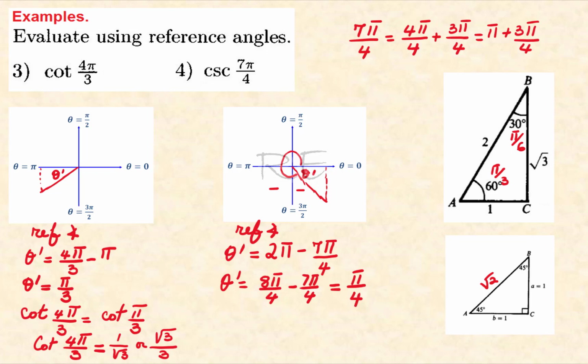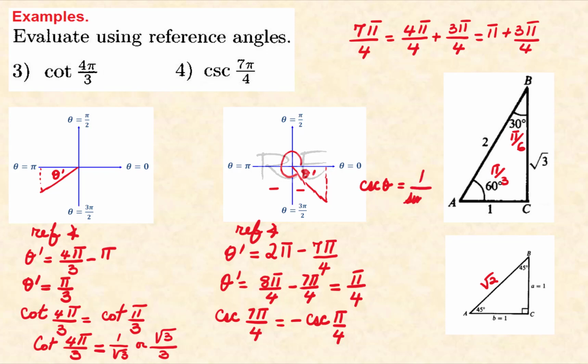Now cosecant, which is 1 over sine. Cosecant 7 pi over 4 will be equal to negative cosecant pi over 4, because cosecant is negative in the third and fourth quadrant.